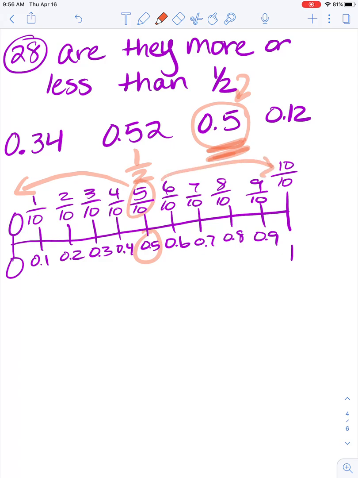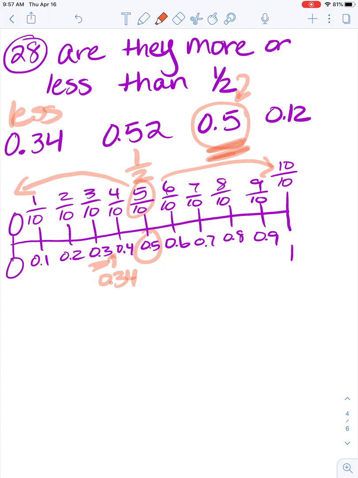Okay, so I have 0 and 34 hundredths. Well, I see 0 and 3/10. So I know that 0 and 34 hundredths has to fall between 3/10 and 4/10. So this is going to be less than half.